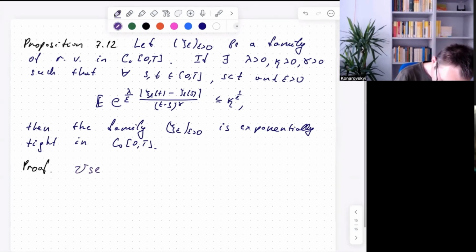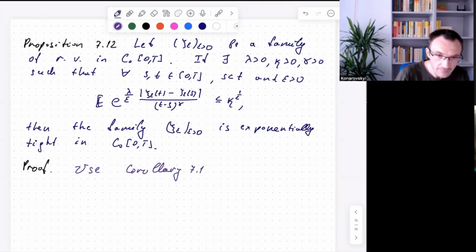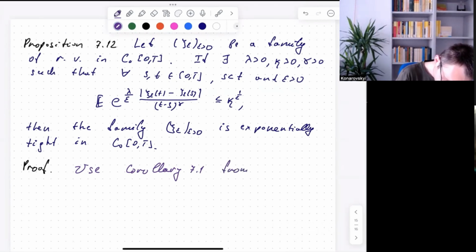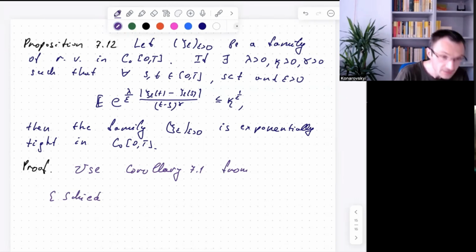And that is Corollary 7.1 from the paper by Alexander Schied. I'm sorry, I hope my pronunciation is correct.